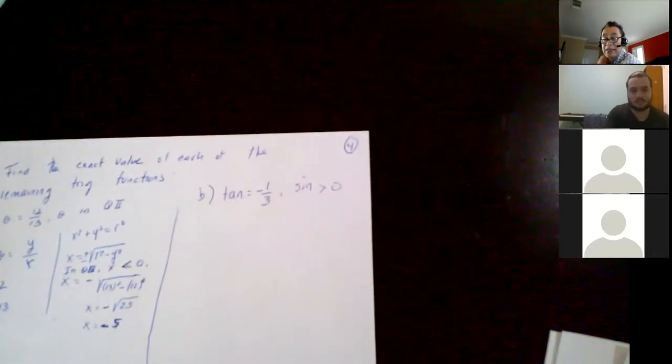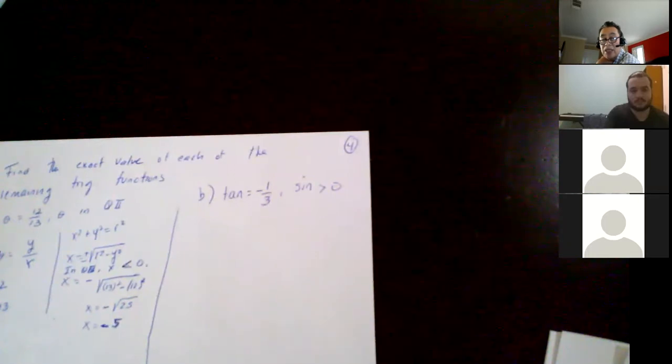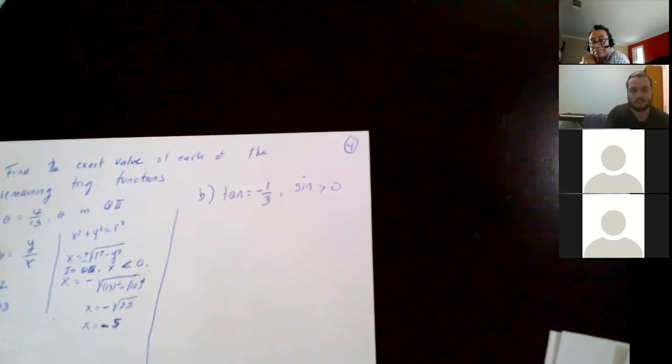Let's try tangent equal to negative 1/3, and the sine is positive, by the way. Notice, sine is positive. So it might help to find the quadrant, because from there we can tell what would be the sign of the other trig functions. Tangent is negative, but sine is positive.